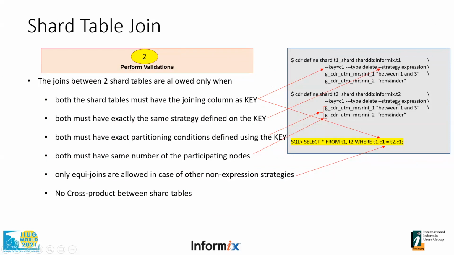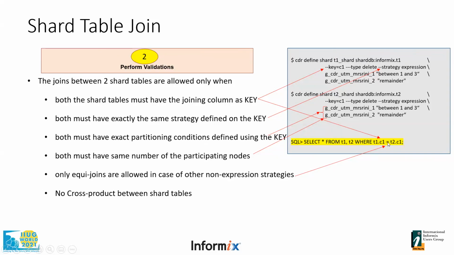Here in this case, the expression can also be a hash or consistent hash. It should also have the partitions exactly the same. The partition condition should be exactly the same. And in case of non-expression, this is an expression format. In case of non-expression, for example, consistent hash or a hashing kind of strategy, then only equi-joins are allowed.